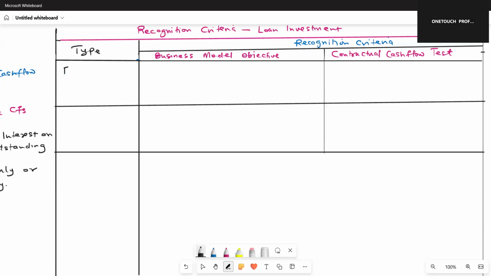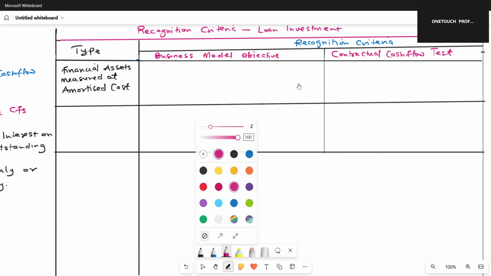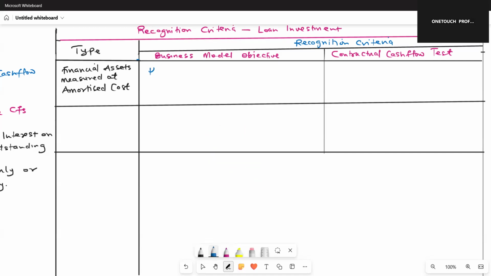Now, type 1. We are looking at financial assets measured at amortized cost. Or you can say financial assets at amortized cost. Now, this one, the business model objective, the underlying word is to keep, just to keep or to hold.